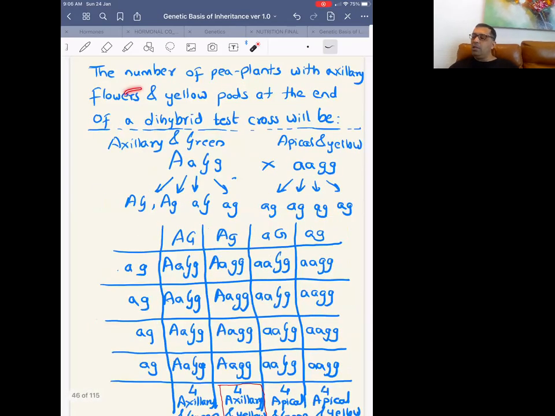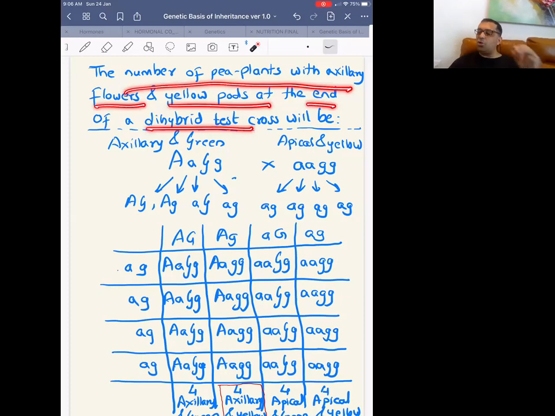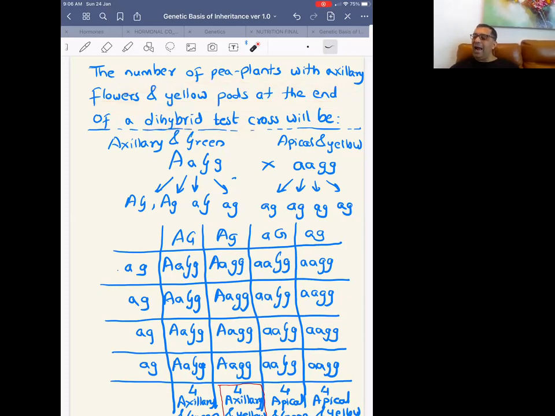Number of pea plants with axillary flowers and yellow pods at the end of a dihybrid test cross. Sir, pea plant में axillary is dominant over apical and green pod is dominant over yellow pod.